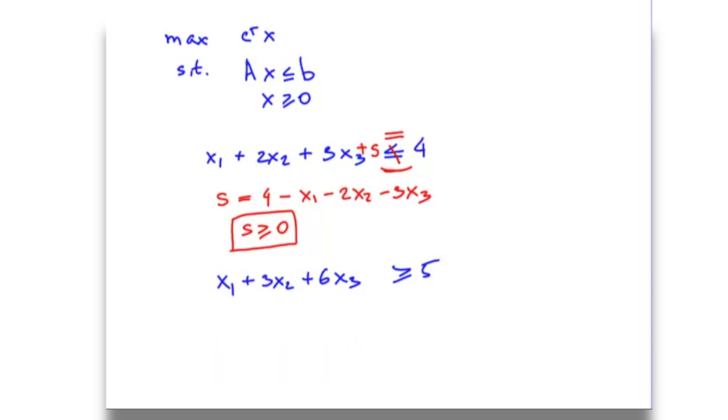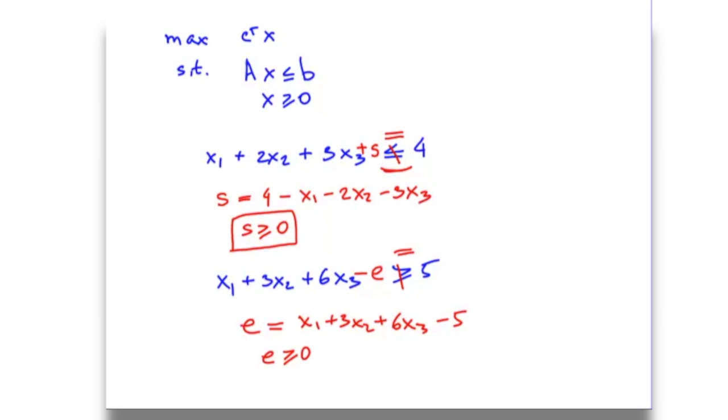So in this case, we can talk about the excess variable, E. When we subtract this E, then we'll get the equality constraint instead of the inequality constraint. The excess is given by the difference between the left-hand side and the right-hand side, right? So we'll have x1 plus 3x2 plus 6x3 minus 5. Okay, so this is our new variable E, and of course, E must be greater than or equal to 0.